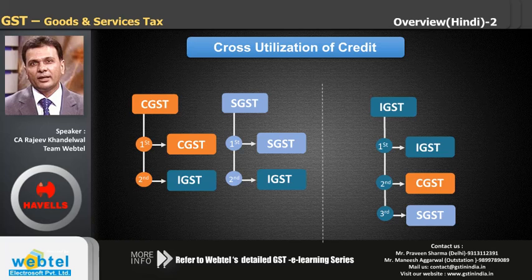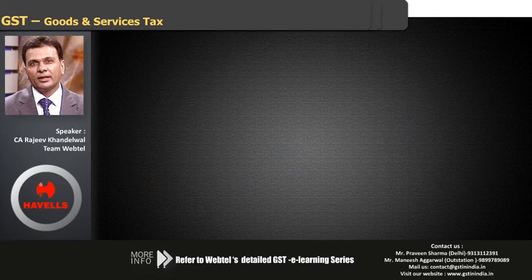So the sequence in the case of IGST will be IGST, CGST, and then SGST. So this is how the adjustment of taxes can take place. Important here to note is that CGST cannot be adjusted against SGST and SGST cannot be adjusted against CGST.